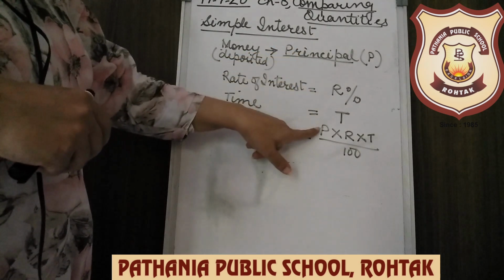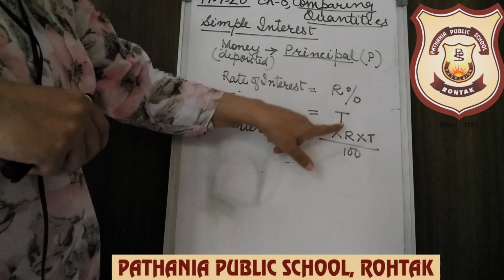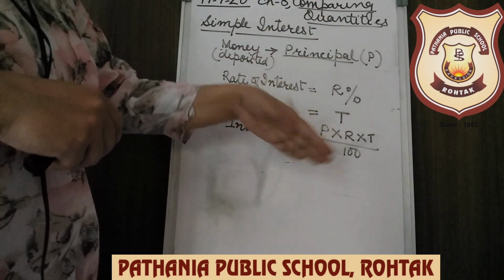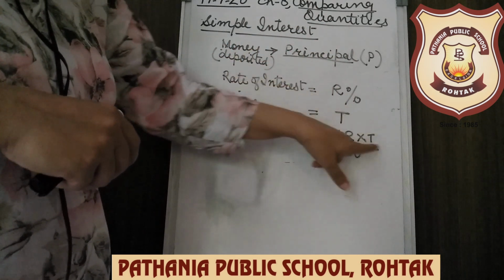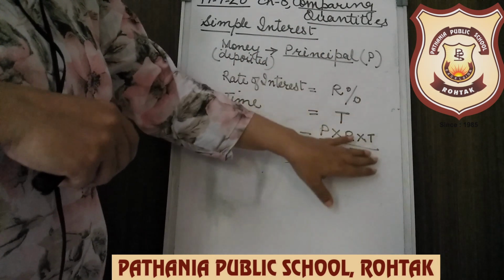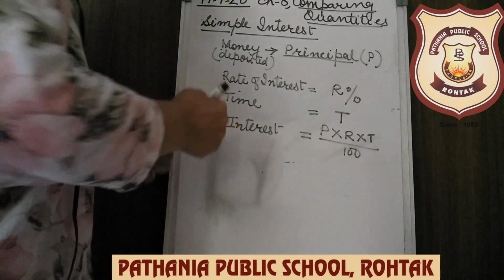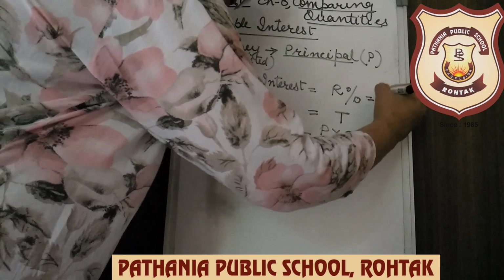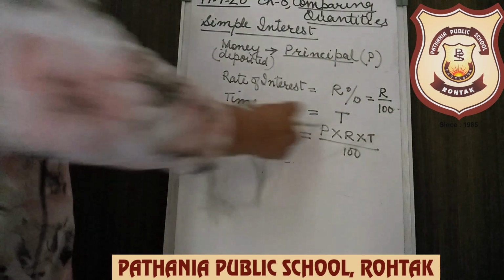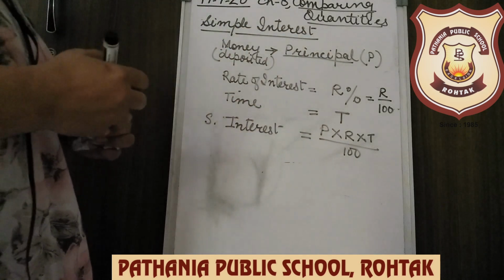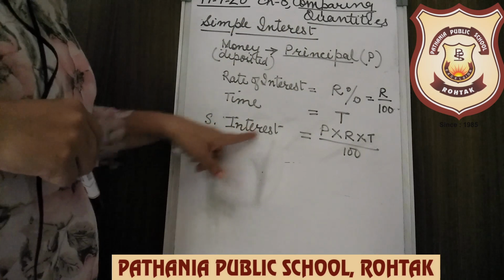The money you have deposited in the account, the rate the bank decides, at what rate they will give the interest, and it is up to you for how much duration you are going to keep the money in the account. As rate will always be in percent, this is going to be R upon 100. So, here I have put the value R upon 100. Is this clear? The formula for simple interest.